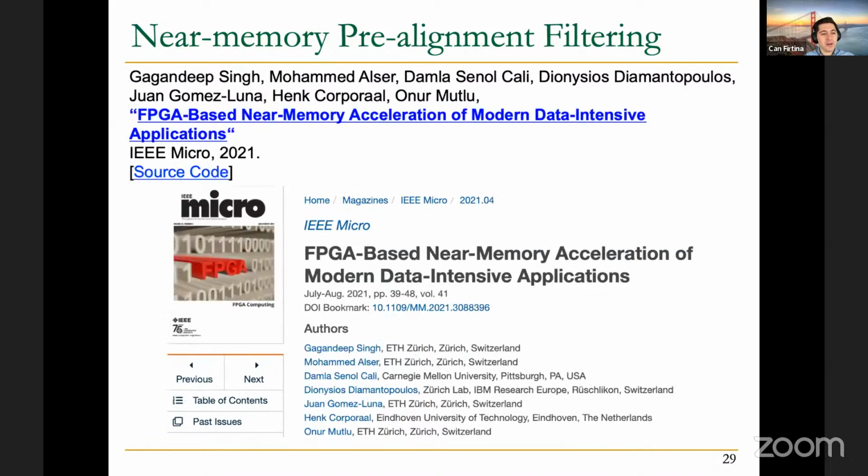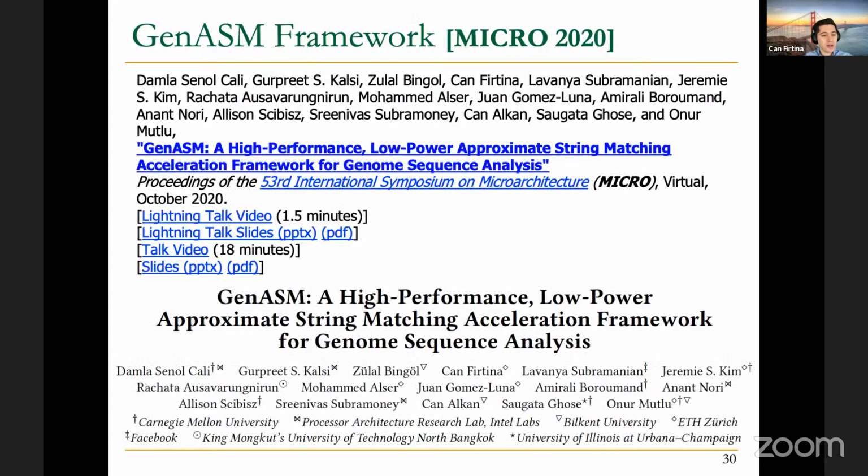We also have another paper that covers how basic genome analysis can be done using near memory architectures. We also have Genome, which accelerates approximate string matching, again, on a near memory device.